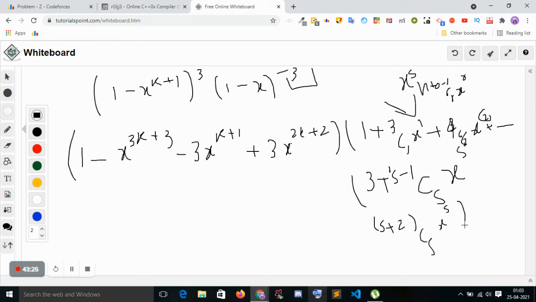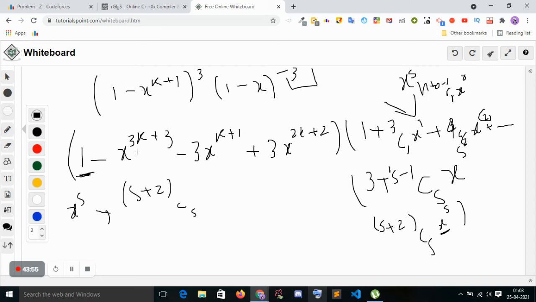Let's try to find everything. First I get x to the power s by multiplying this coefficient with the 1, so the first term becomes s plus 2 c s. Let's try to find another.